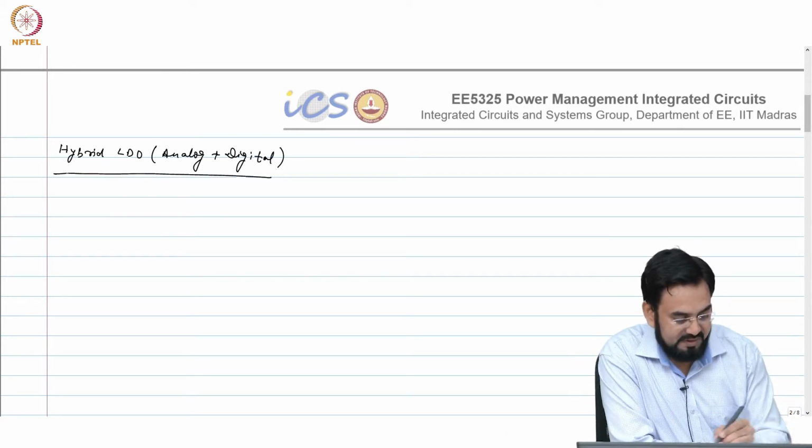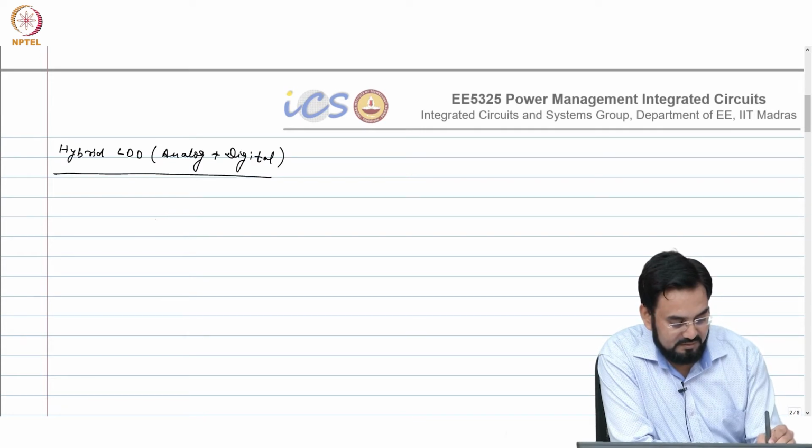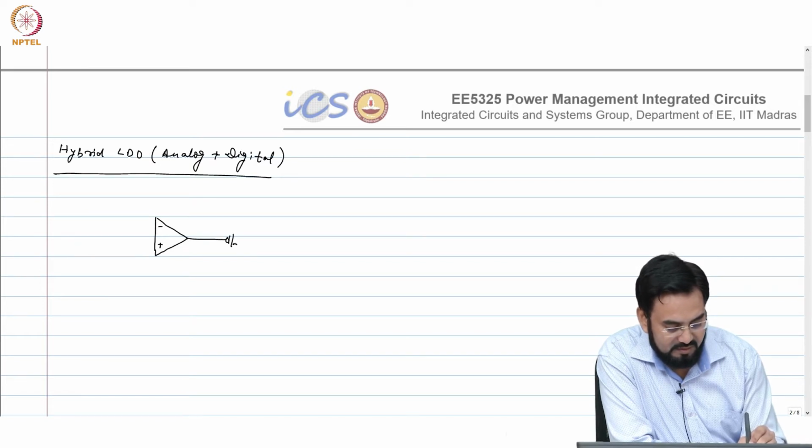So, the concept here is, so this is my standard analog controlled LDO.